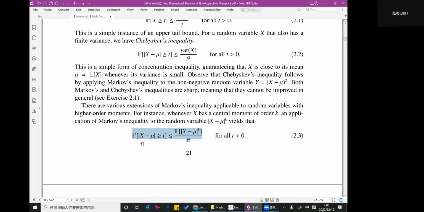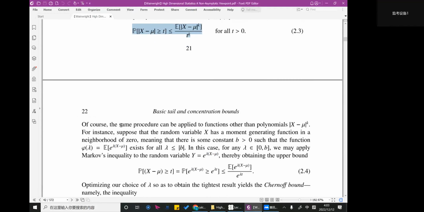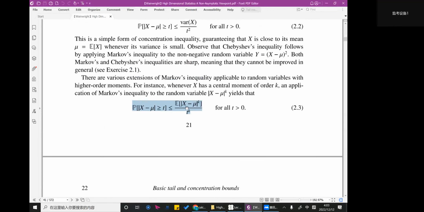If you write it as the k-th order of x minus mu larger than t to the k, you get this. So this is equivalent to this probability. So you get different orders of x minus mu.